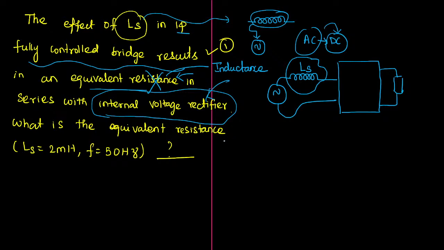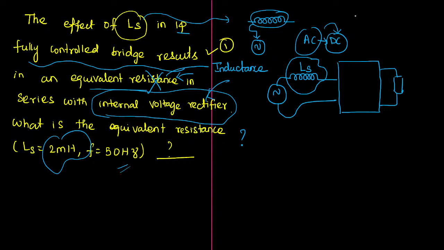They made some mistake in the question. That too, only I can understand here. Okay, I don't know what kind of mistake has happened here. Again, they have given source inductance here. It is 2 millihenry, frequency is 50 hertz. I understood why you guys haven't given the answer for this question.